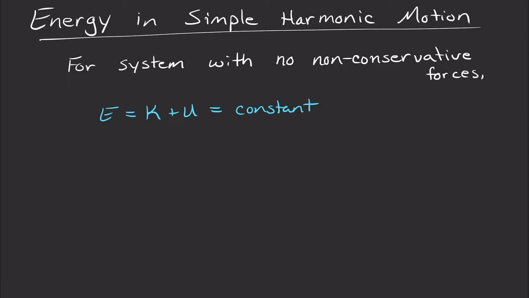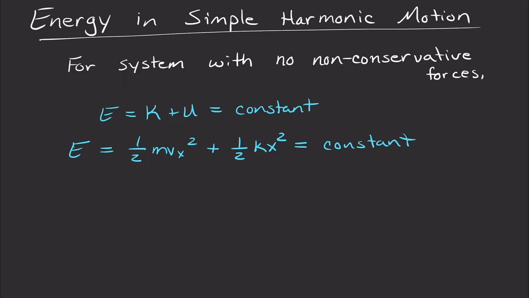We're not going to lose any of our kinetic energy to friction, to heat, or anything like that. And so our energy is going to be 1/2 m vx squared, our kinetic energy term, plus the potential energy from the spring when it's stretched or compressed, 1/2 kx squared. And this whole thing is also constant.